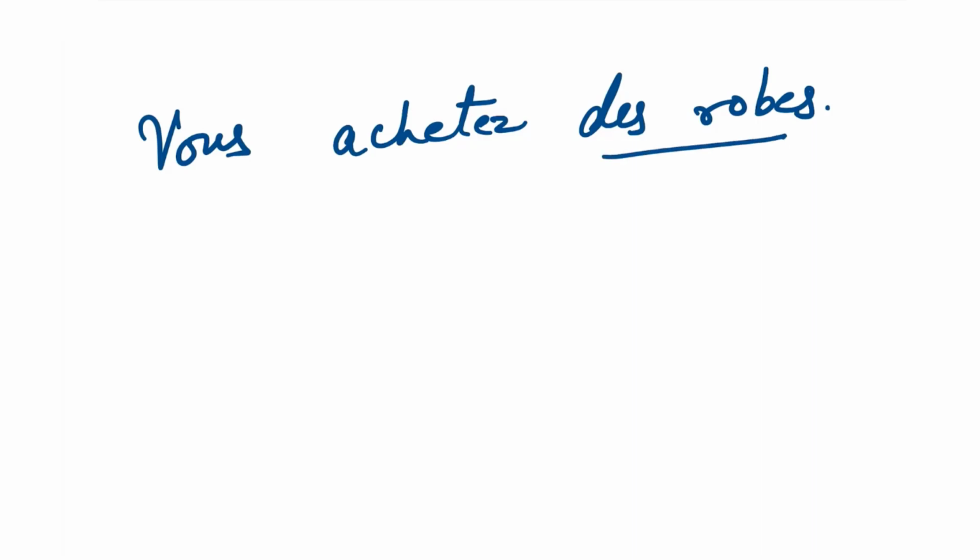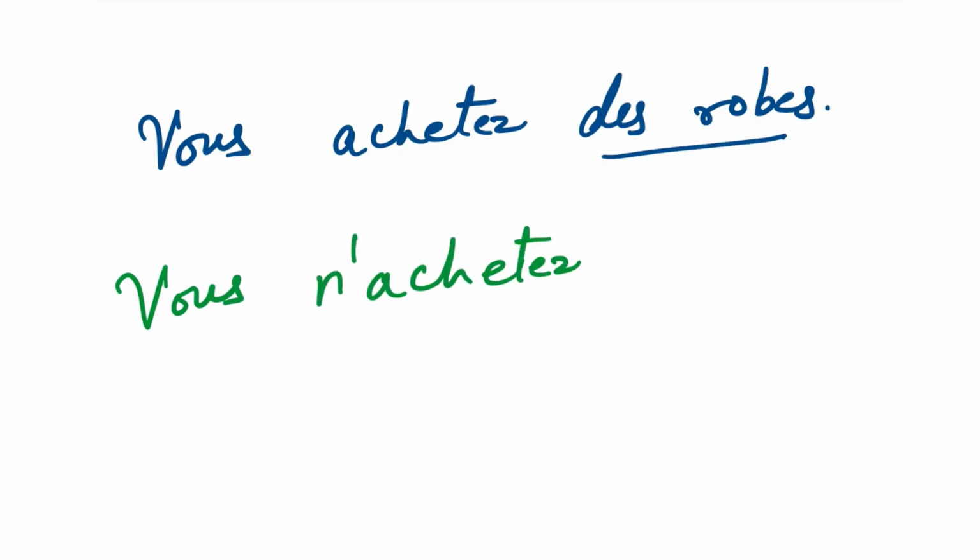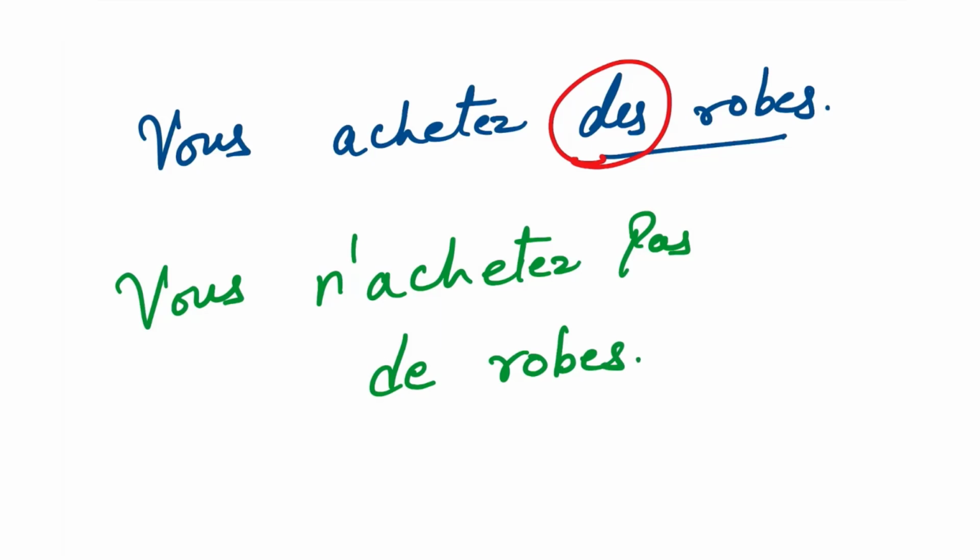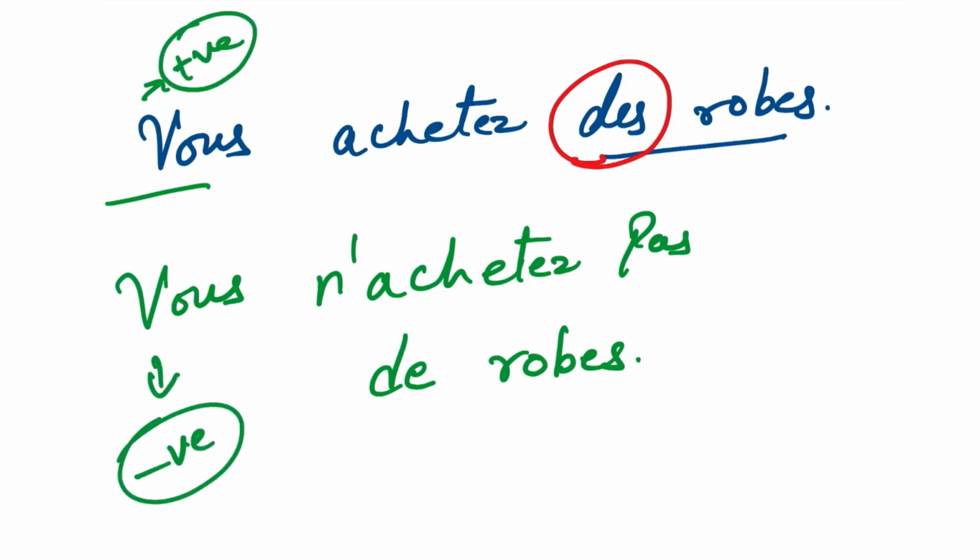And change it into negative now. Vous n'achetez pas. Now what we have to do with this? This will change into de, robes. Okay, when we are changing a positive sentence into negative, we are just putting ne pas and we are changing the partitive article, we are putting de.